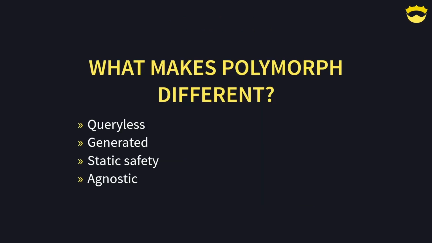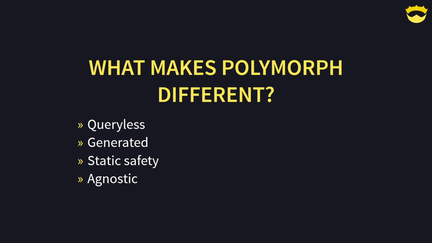Okay, so what makes Polymorph different from other ECS implementations? The first one is that it's queryless, which we're going to talk about next. And the second is that it's completely generated from your component and system design, which offers a lot of advantages, both in terms of performance, but also code size and scalability.